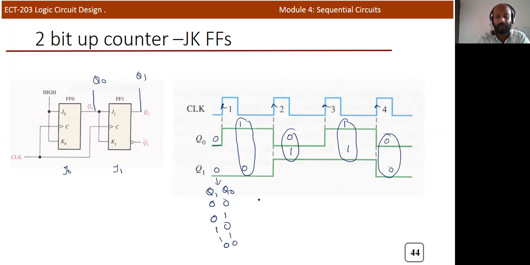So this particular circuit will operate as a 2-bit up counter.